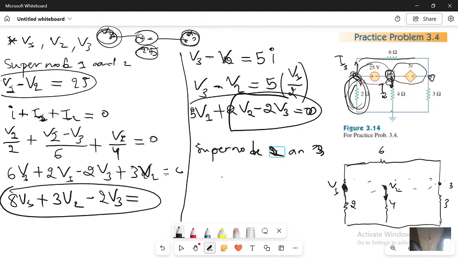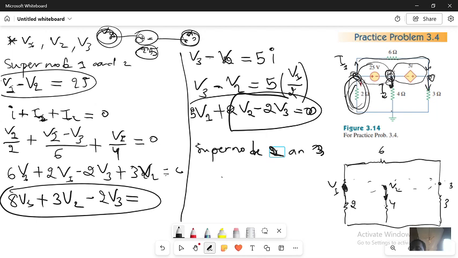This current is leaving, this current is leaving. Because we take both nodes, the summation of the currents entering this node plus the currents entering this node equals the summation of the currents leaving here and leaving here.